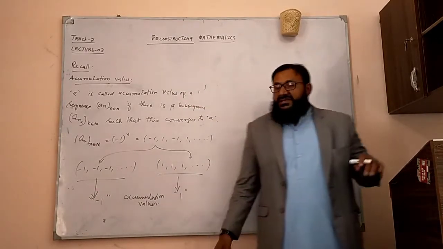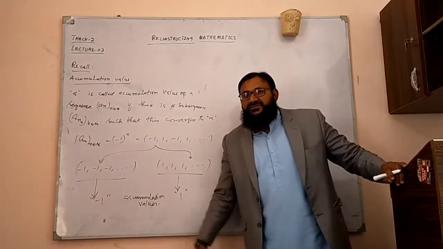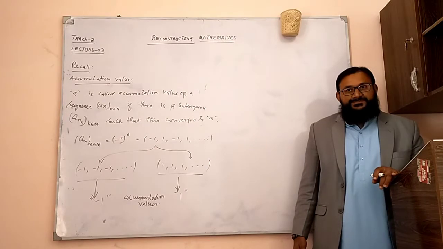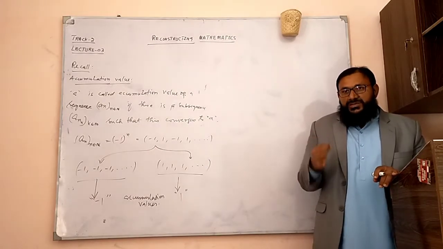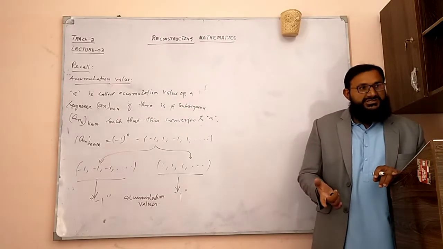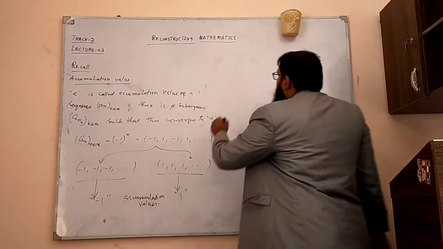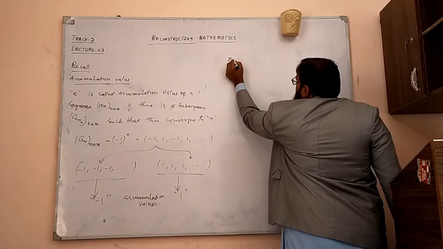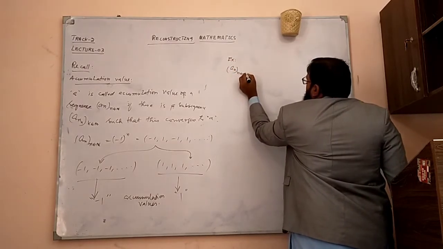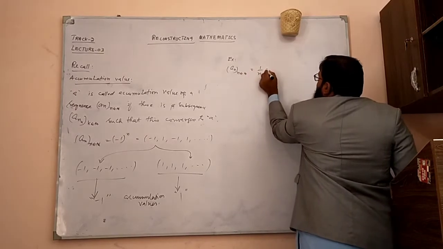And we say that if a sequence has two different accumulation values, it means it does not converge. If it has a unique accumulation value, a single one, then we call that the sequence converges. For example, we take this sequence a_n, which is 1 over n.